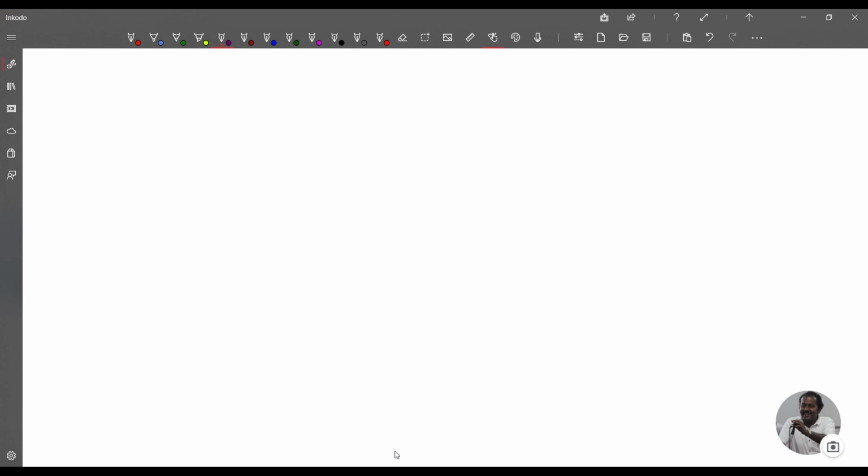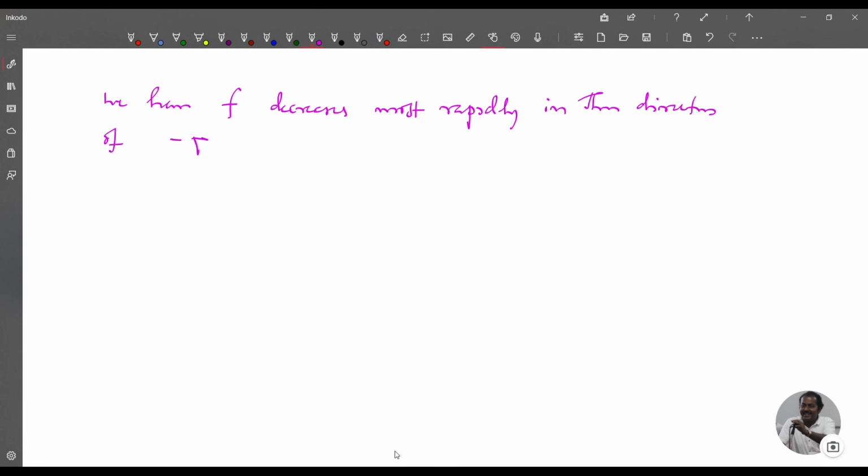Now we have f decreases most rapidly in the direction of minus del f. So we have direction of minus del f is minus u.